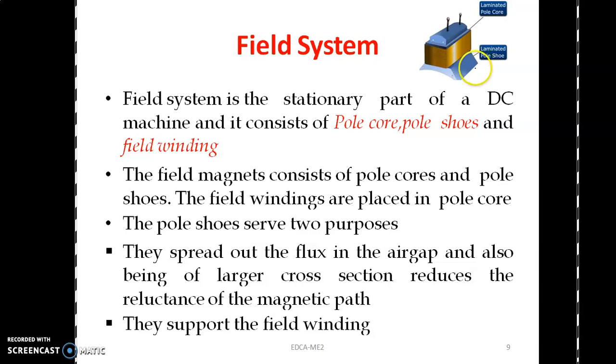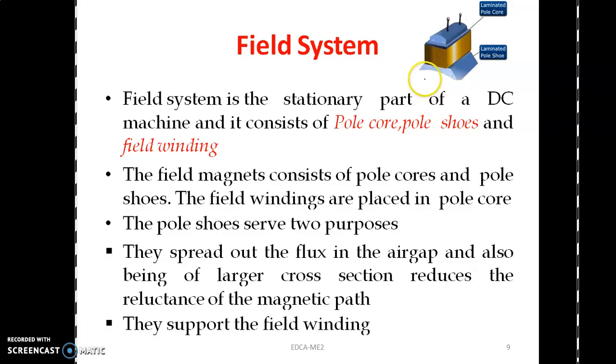So here the main function of the field system is to produce the flux. This air gap, that means this pole shoe, this structure helps to concentrate the flux into the air gap, and it is having larger cross sectional area.